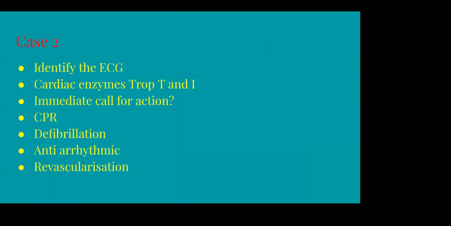Either call your senior or call your medical officer. Do CPR, but defibrillate as soon as you can. Is there any benefit to antiarrhythmic drugs if you can defibrillate immediately?